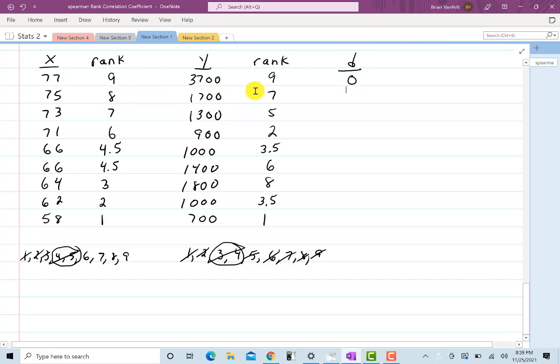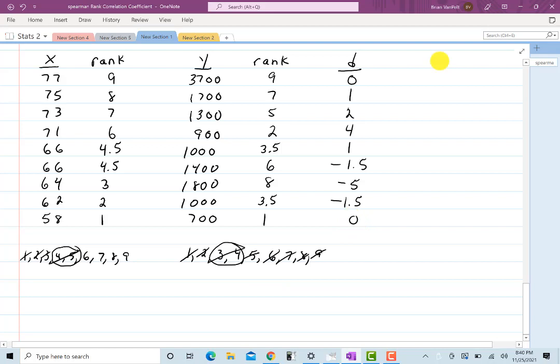Next, 8 minus 7 is 1. 7 minus 5 is 2. 6 minus 2 is 4. 4.5 minus 3.5 is 1. 4.5 minus 6 is negative 1.5. 3 minus 8 is negative 5. 2 minus 3.5 is negative 1.5. And then finally, 1 minus 1 is 0.